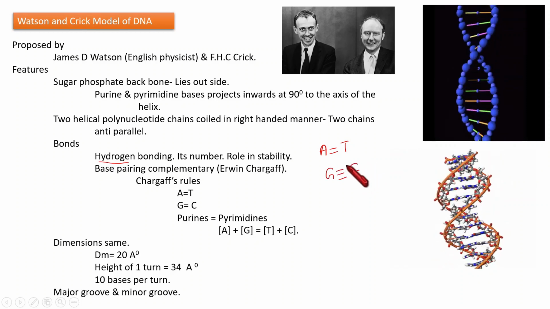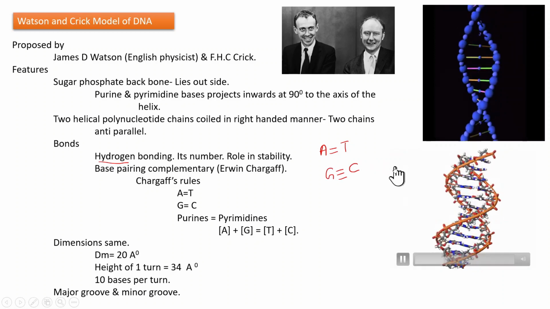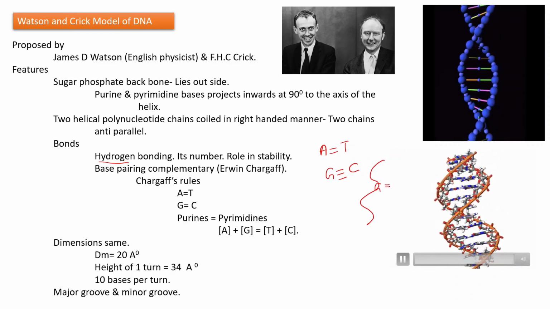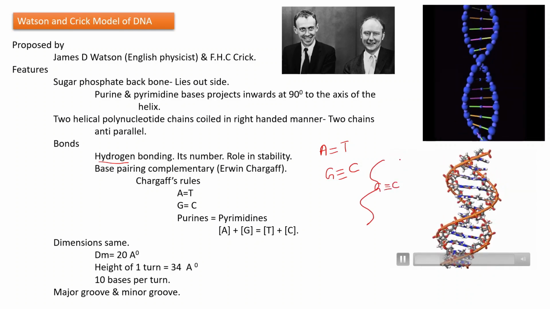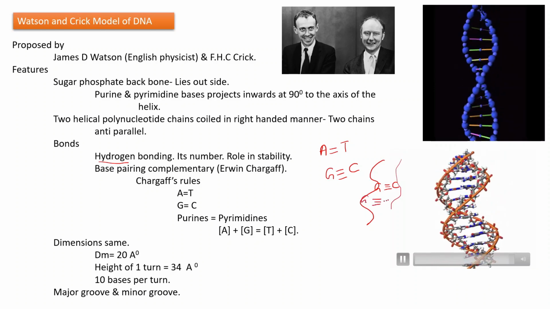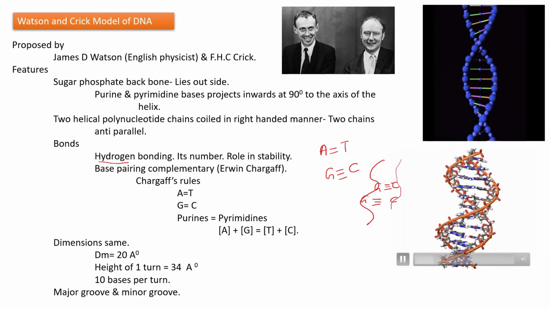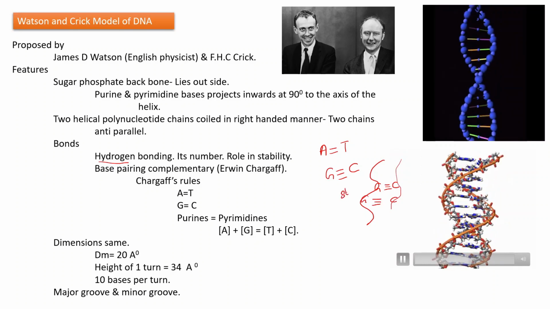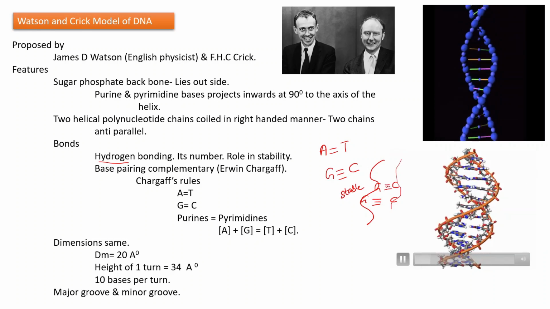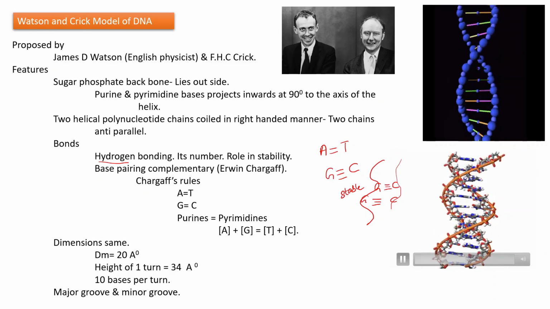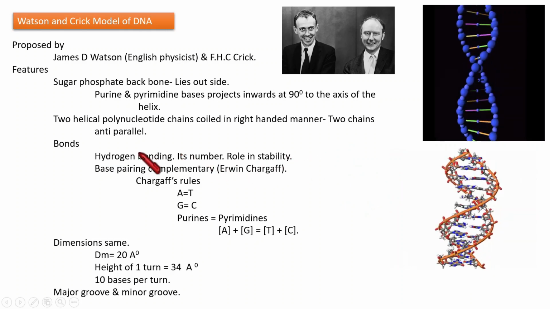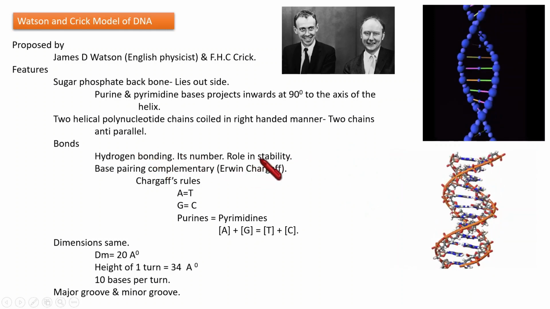So those portions of the DNA where guanine-cytosine base pairs are more will be more stable, because here 3 hydrogen bonds are present instead of only 2 between adenine and thymine. So the hydrogen bond has a role in giving stability also.